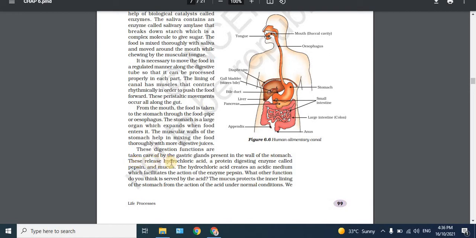These release hydrochloric acid, a protein-digesting enzyme called pepsin, and mucus. The hydrochloric acid creates an acidic medium which facilitates the action of the enzyme pepsin. What other function do you think is served by the acid? The mucus protects the inner lining of the stomach from the action of the acid under normal conditions.